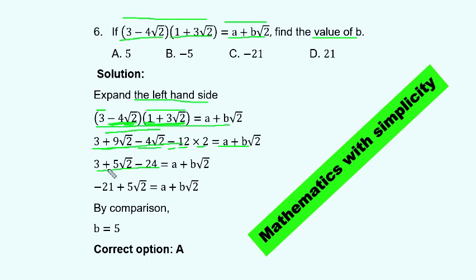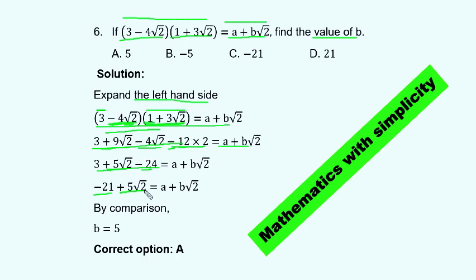You have plus 5 root 2. Then 3 minus 24 from here will follow. 3 minus 24 is minus 21 plus 5 root 2.